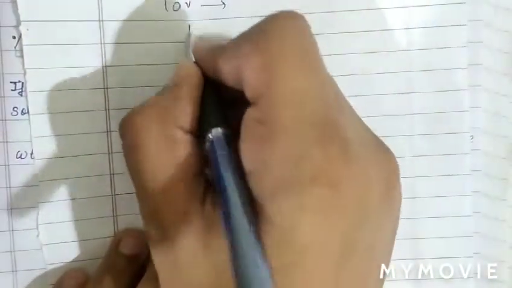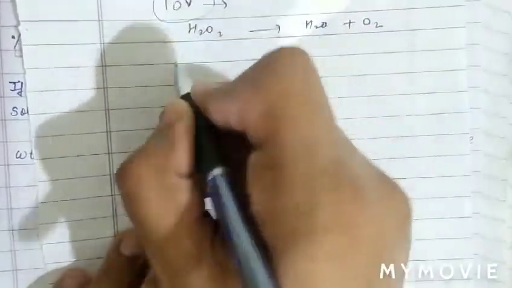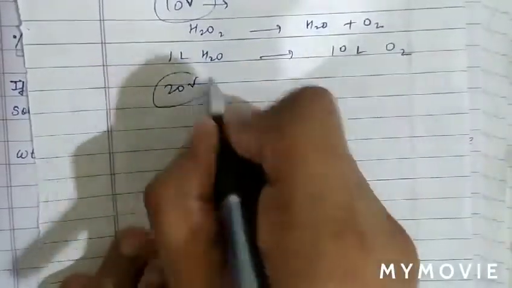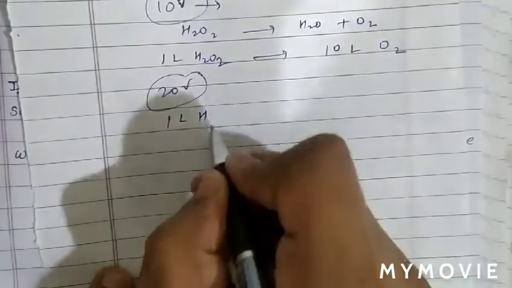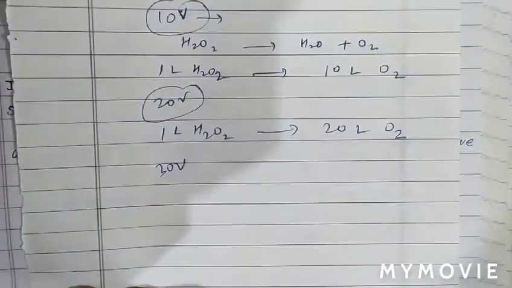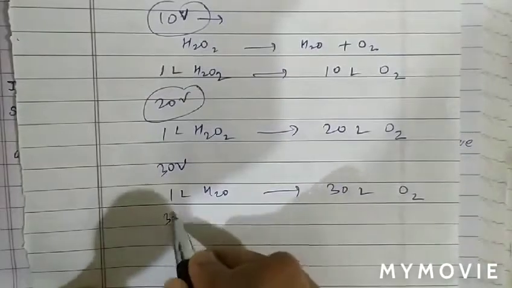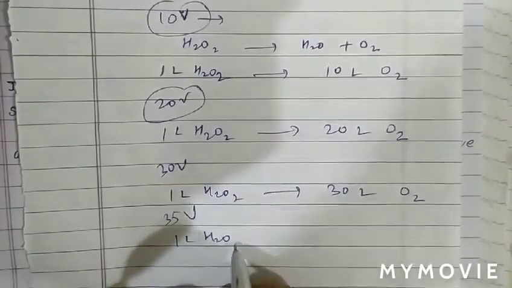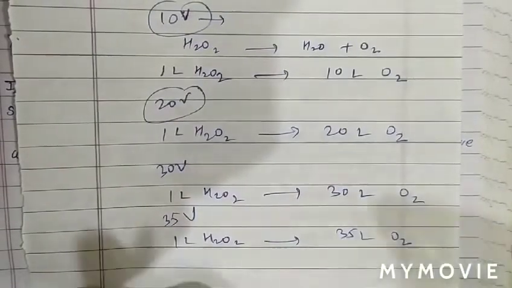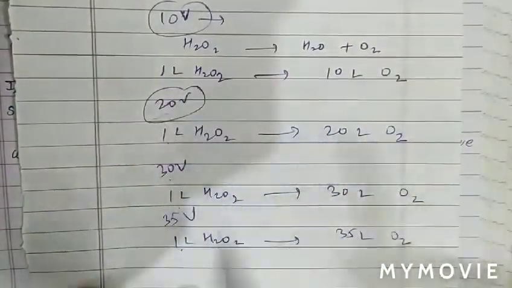If H2O2 decomposes into H2O plus O2, 10 volume means 1 liter H2O2 will give 10 liter of O2. 20 volume means 1 liter H2O2 gives 20 liter O2. 30 volume means 1 liter H2O2 gives 30 liter O2. 35 volume means 1 liter H2O2 gives 35 liter of O2. So this is the definition of volume strength. It will always remain 1 liter of H2O2; this is the volume of oxygen gas liberated.